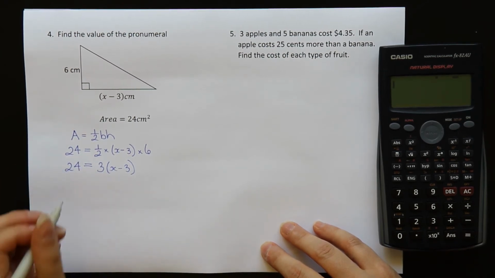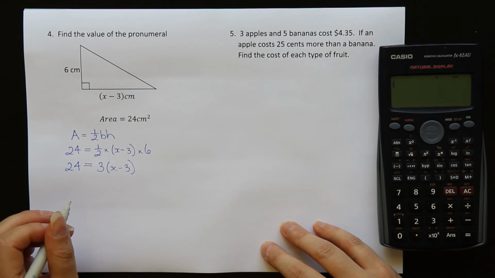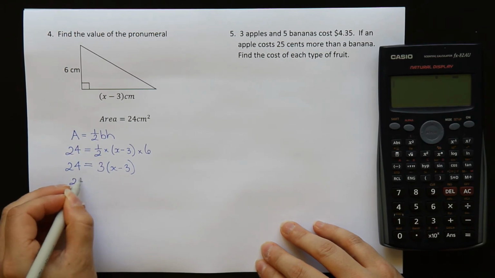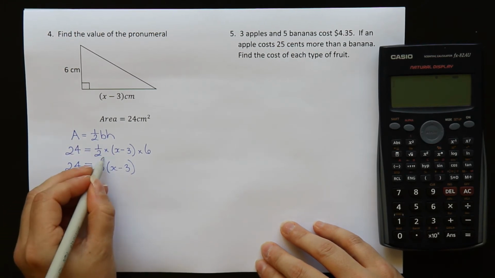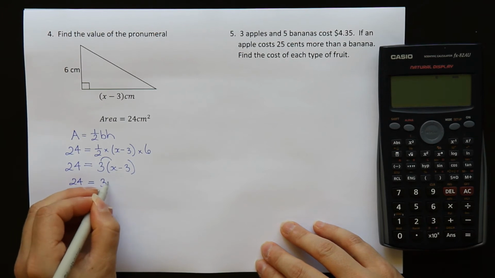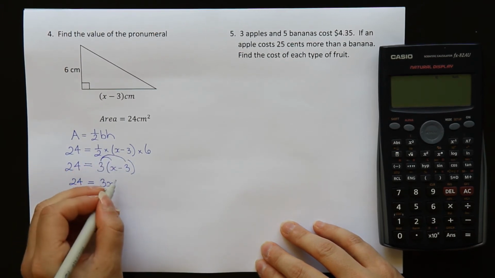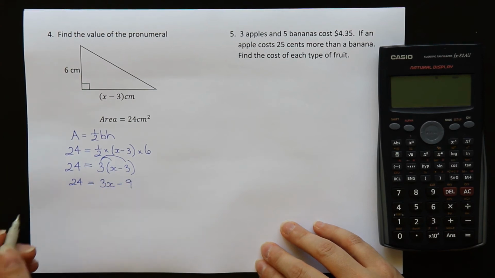Now that's a much nicer equation, like what we're used to seeing. So let's solve that. We'll expand out the brackets. I have 24 equals 3 times x is 3x, and 3 times minus 3 is minus 9.